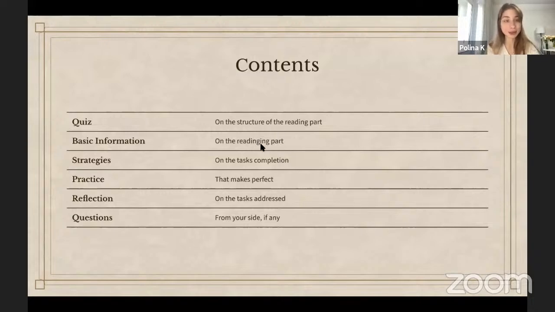You can see a bit of a typo here, but anyways. Then we will also address some strategies on how to deal with the tasks more effectively. Further practice, of course, and reflect on perhaps the questions that you would have. If you don't have them, then we will not include that. And questions from your side, in case there are some, we will also address.